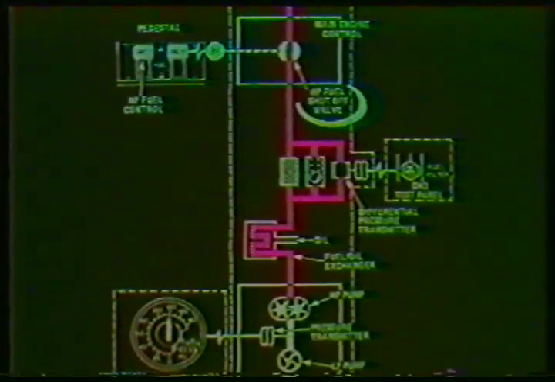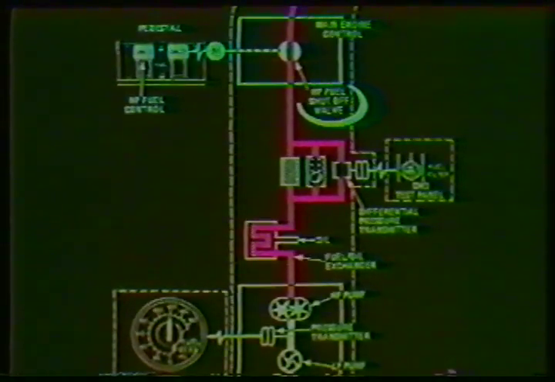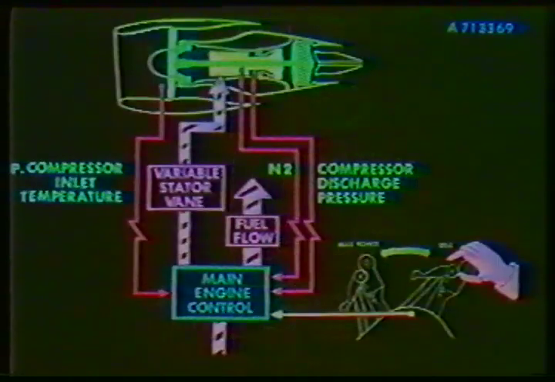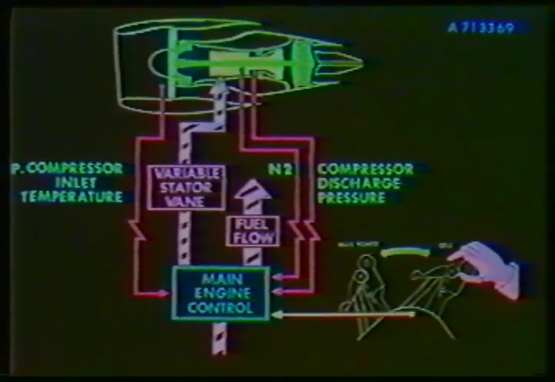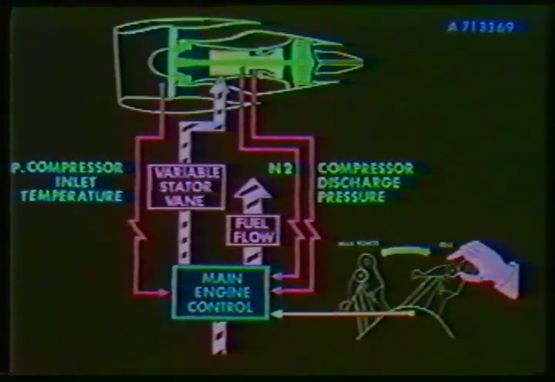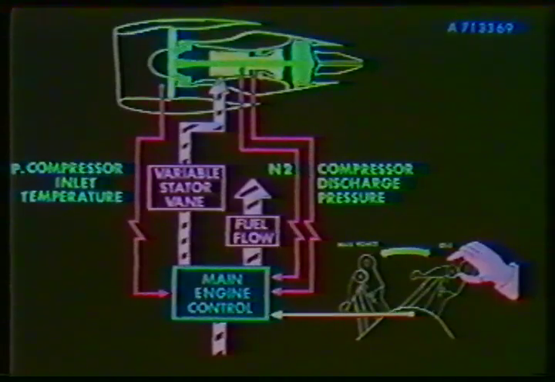The main engine control receives the following information: temperature at the low pressure compressor inlet, N2 RPM, pressure at the high pressure compressor outlet. Also, it controls the position of the variable stator vanes relative to the high pressure compressor.